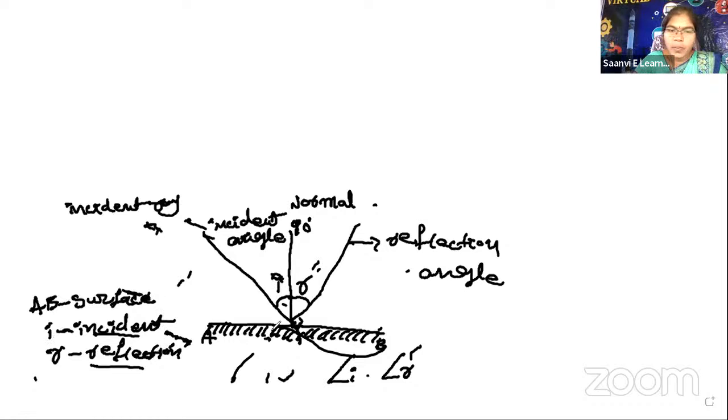The line which is perpendicular to the surface is known as the normal.